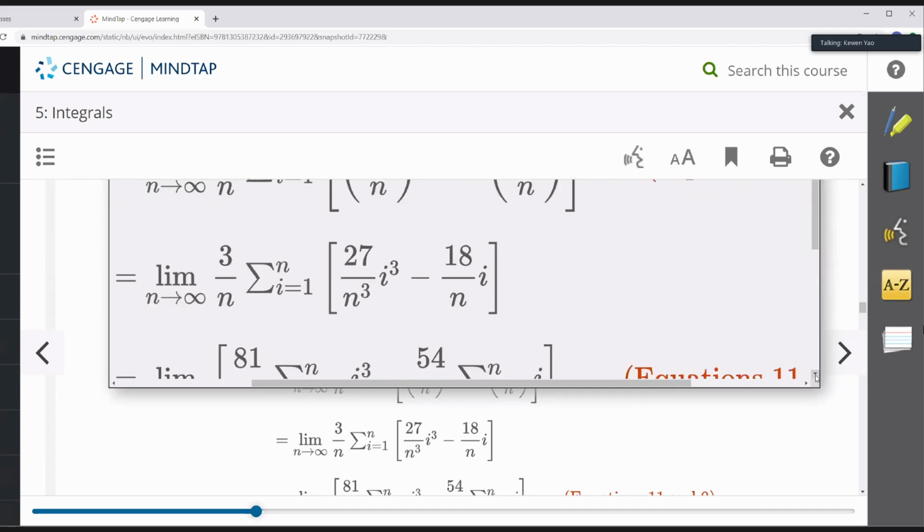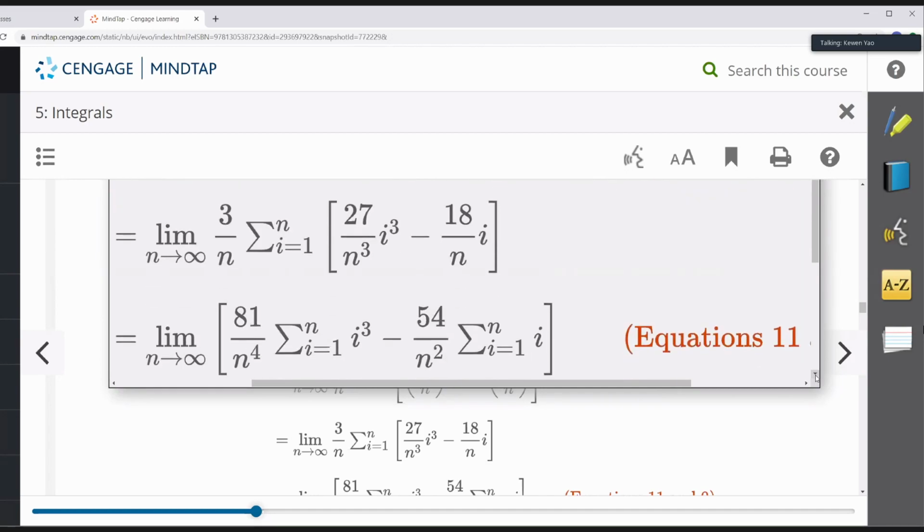Now you can distribute. 3 times 27 is 81, and n times n cubed is n to the fourth.